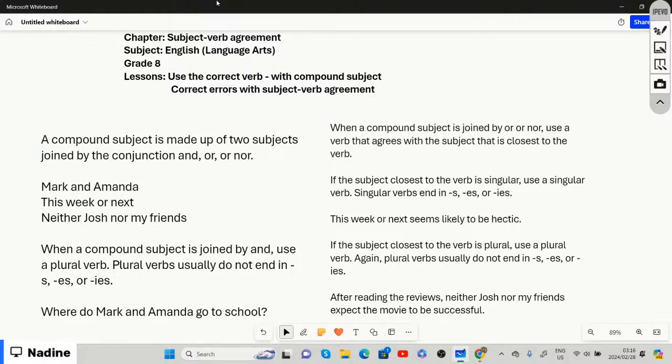So after reading these reviews, neither Josh nor my friends expect the movie to be successful.